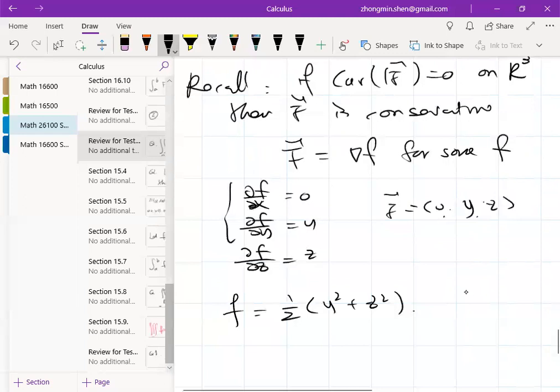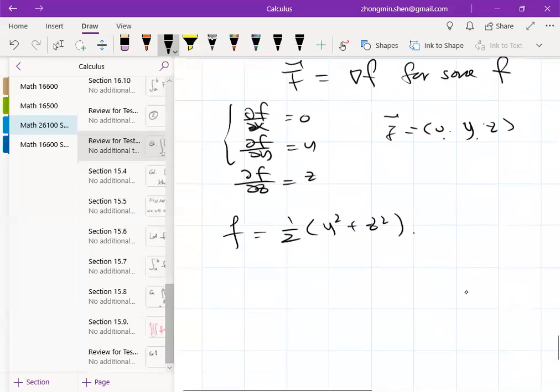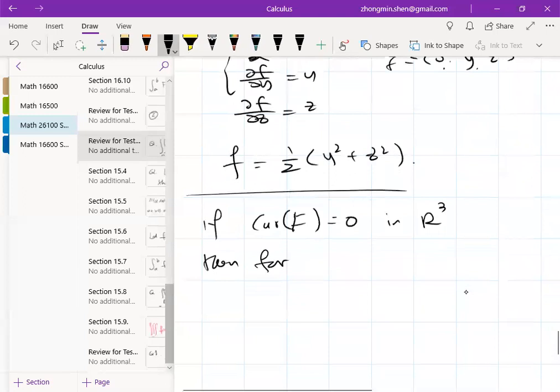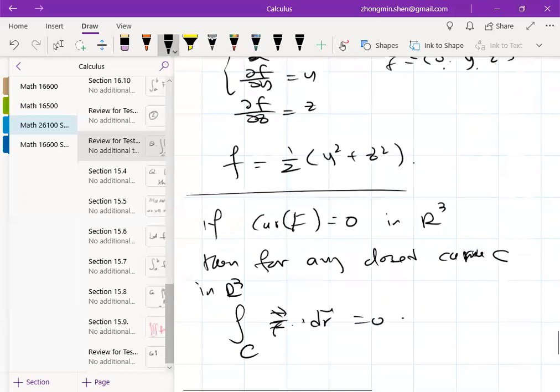So if the curl is 0 in R3, then for any closed curve in the space, the line integral of f dot dr is 0. You know why?